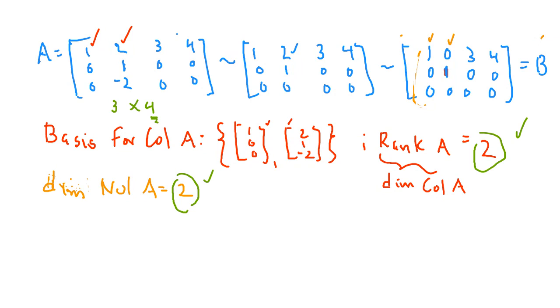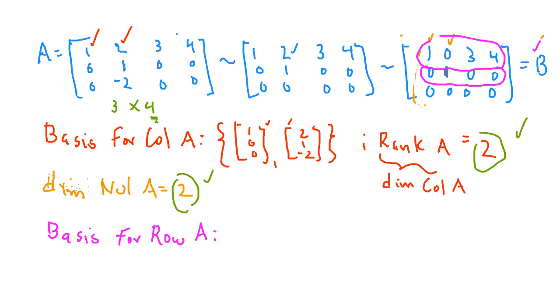All right, let's move on. We also want to talk about the basis for the row space of A. So for the row space of A, what we do is look at the row vectors of matrix B. What row vectors form the basis?